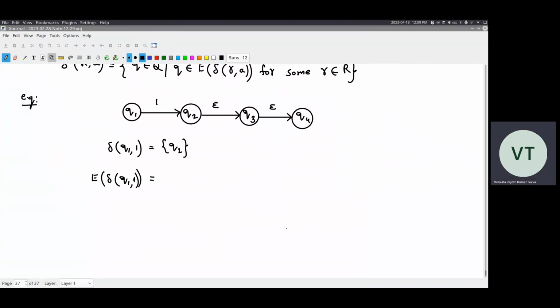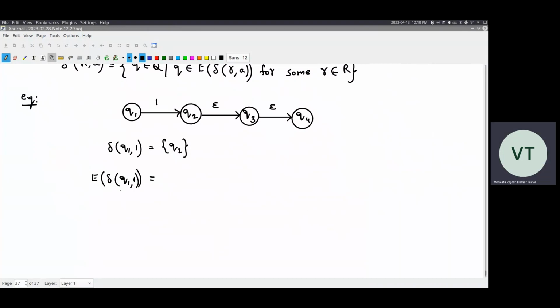Simple question, is it coming freely with Q2 or not? Do you need to read any more input to reach Q4? No. So that will also come freely with Q2. So that should also be included. So Q2, Q3, Q4. All right.